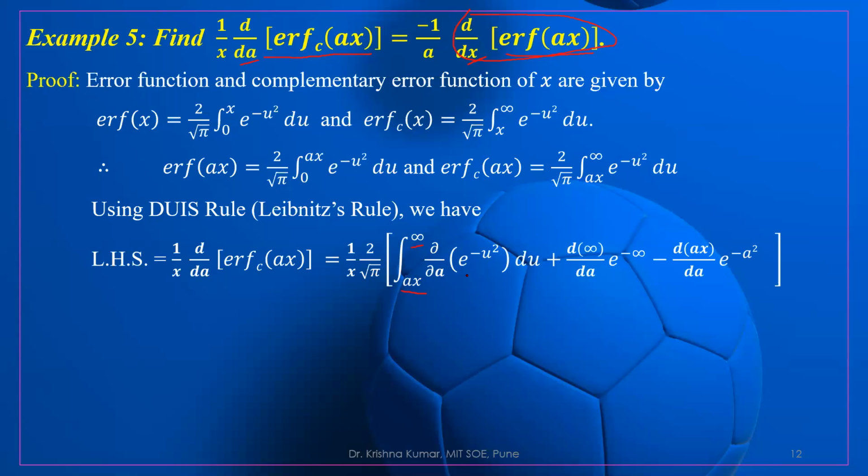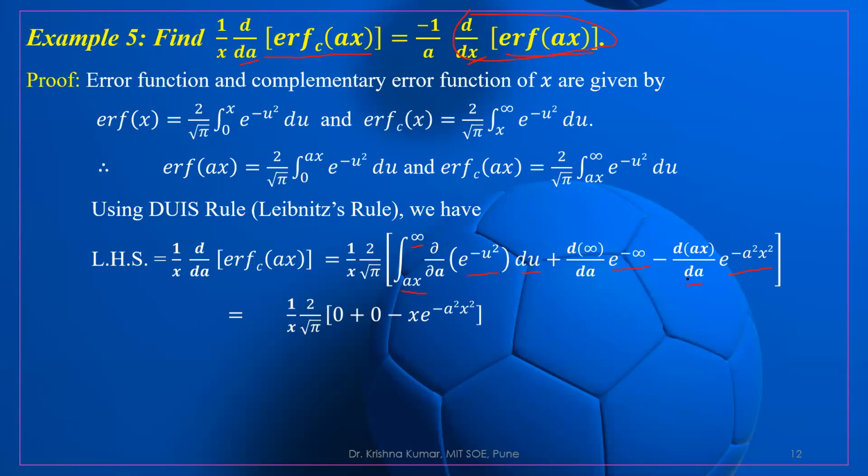Del by del a of e to the power minus u square du plus derivative of the upper limit is infinity, e to the power minus infinity, which is 0, minus derivative of lower limit with respect to a and value of the function at lower limit. So 1 upon x, 2 upon root pi, this is 0. This is also 0. First two parts will be 0.